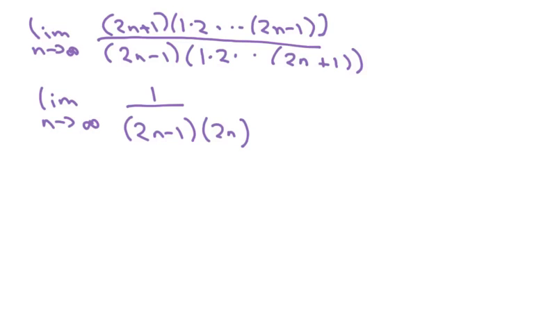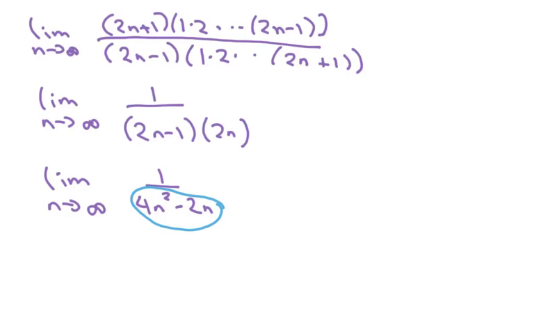And then when you distribute, you get the limit as n approaches infinity of 1 over 4n squared minus 2n. Notice as the denominator gets larger and larger, this is going to tend to 0. So that equals 0, and therefore this series is convergent.